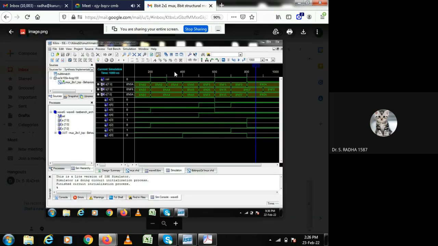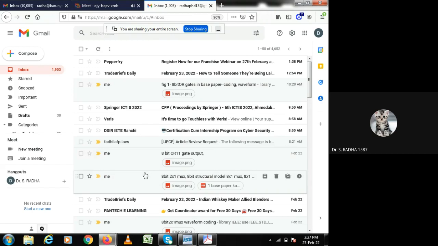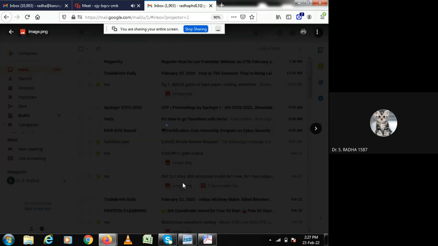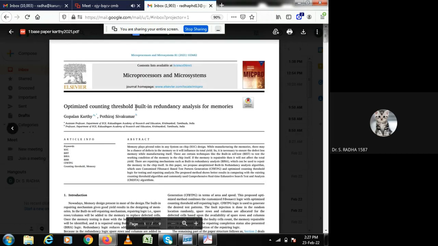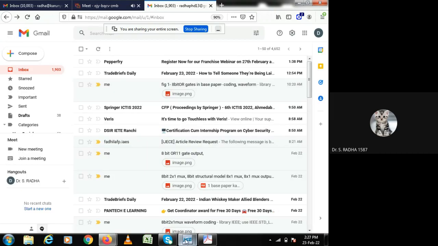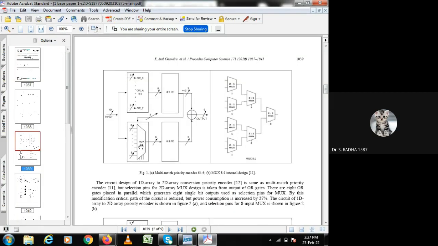This is not the 8 by 1 mux, this is the 2 by 1 mux only. I checked the 64 bits and the output came. I will try it once again. This is also completed.